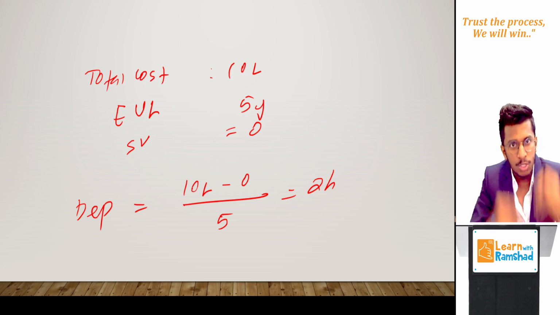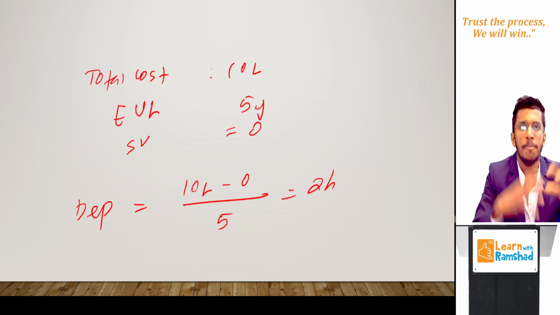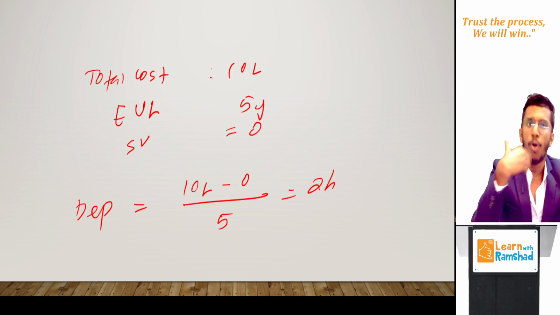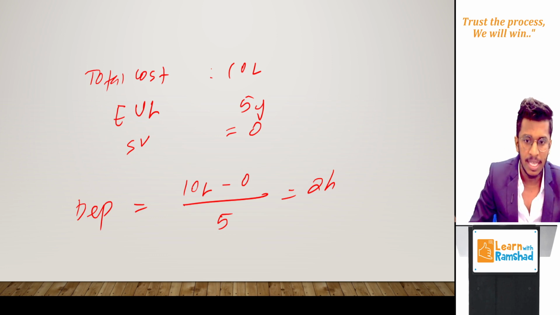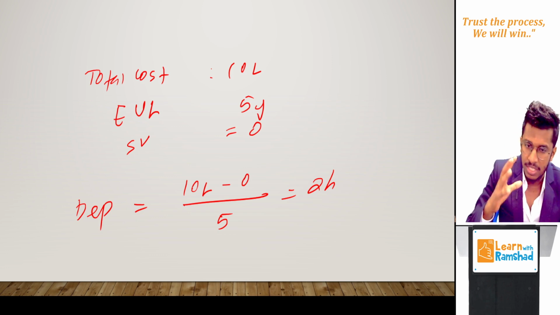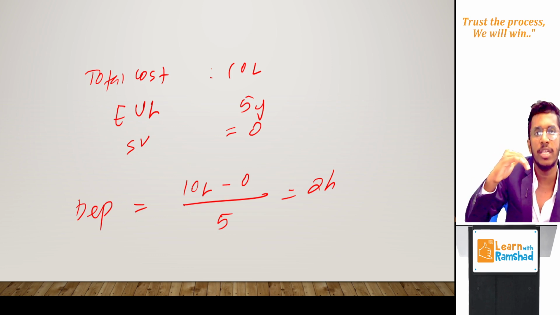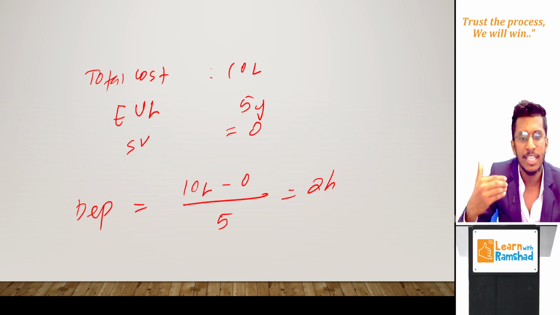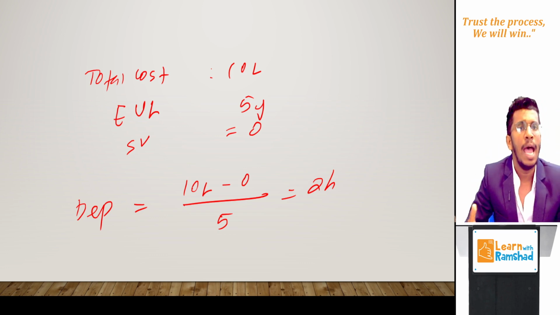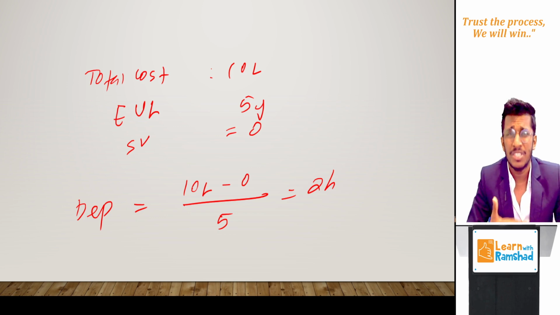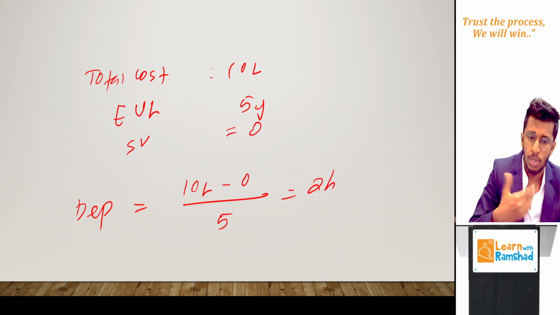Even if the actual, real depreciation or value reduction is more than this or less than this, this depreciation is not a real depreciation. We just calculate the depreciation based on its useful life, right? So here we are not bothered about actual depreciation, which may be more than this or less than this.